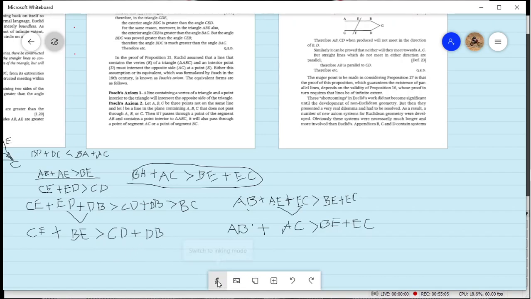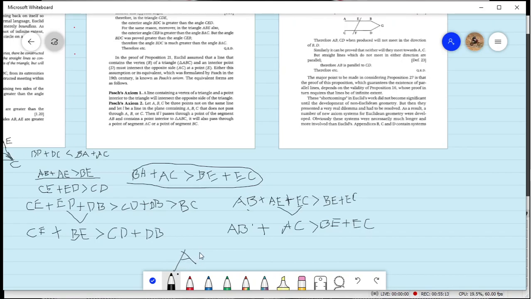Hence, it should follow that AB plus AC should be greater than CD plus DB, which is what we need to prove right here.